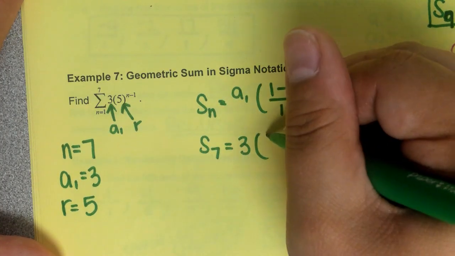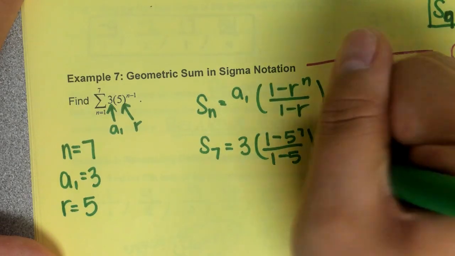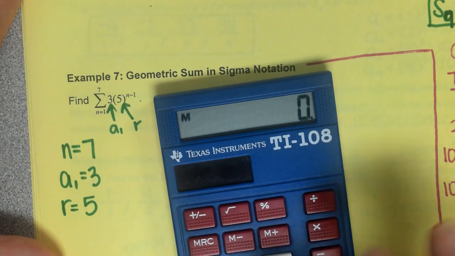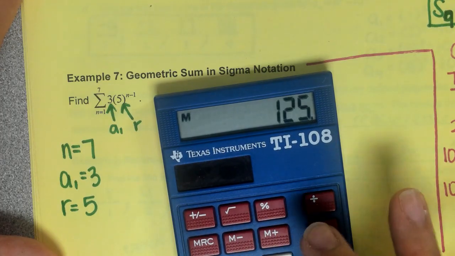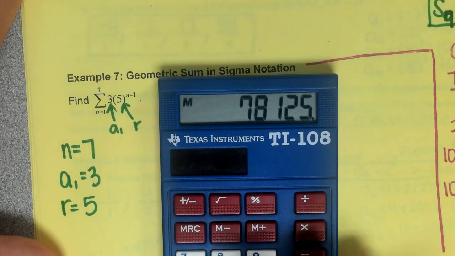This is a good example of something I might give you to do in your baby calculator. Could you do 5 to the 7th power in a baby calculator? Yeah, you can. I mean, it's 1, 2, 3, 4, 5, 6, 7. Is it a big number? Sure.